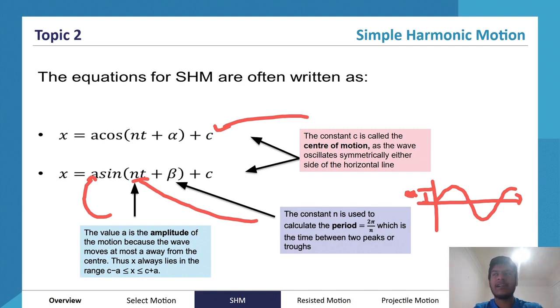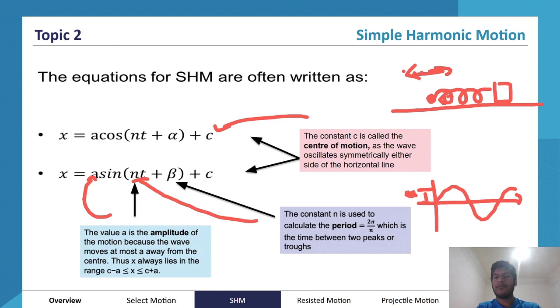So what that a does is that defines where the limits of that motion are. So if you're thinking about, say, this is a very common example, or a stock standard way of explaining things. It's a block on a spring resting on a surface, and it's moving back and forth, right? That is a very stock standard example of simple harmonic motion, and if this is our center, the two extremums are c plus a.